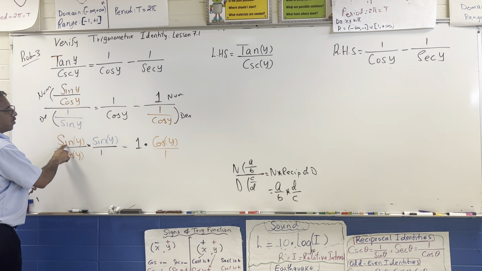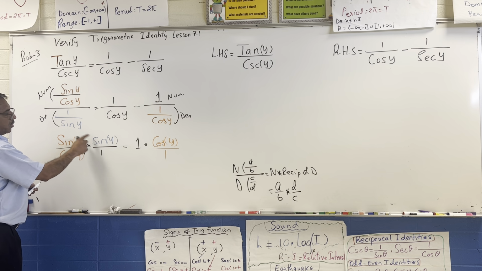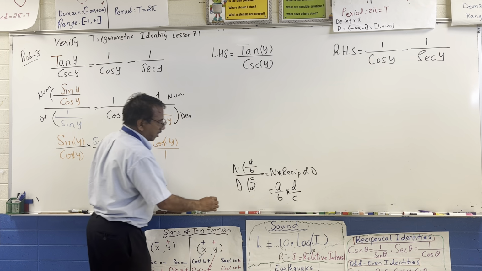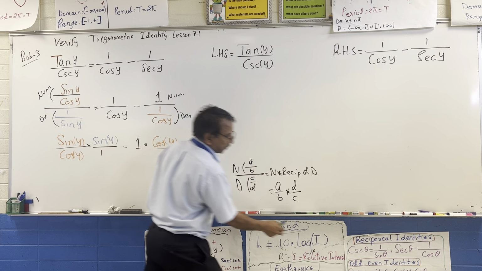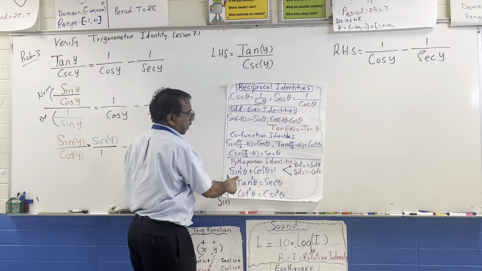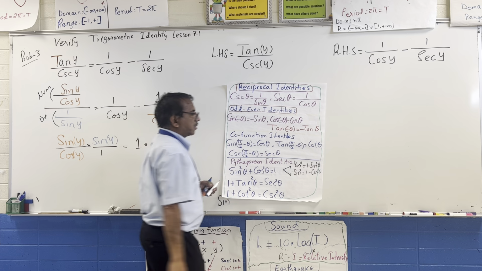Okay, so you see sine times sine will give you sine square, and we can use the Pythagorean identity, where sine square is 1 minus cosine square.